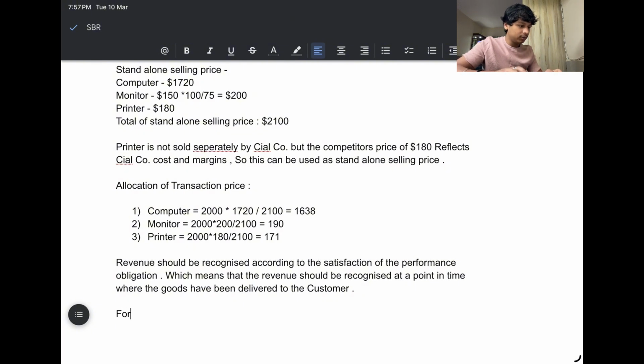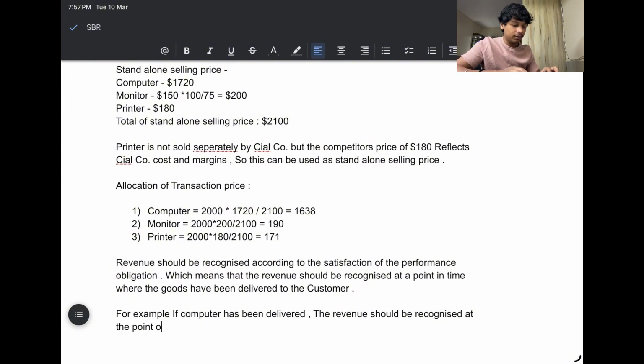For example, if the computer has been delivered, the revenue should be recognized at the point of delivery.